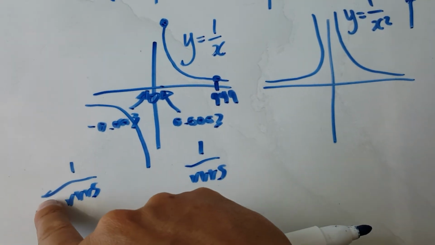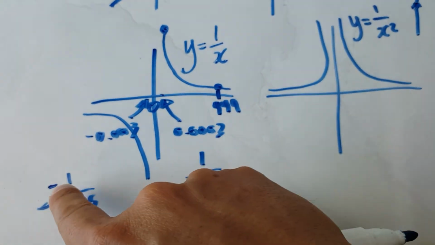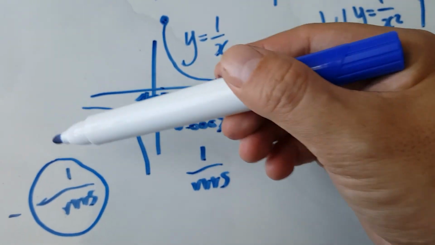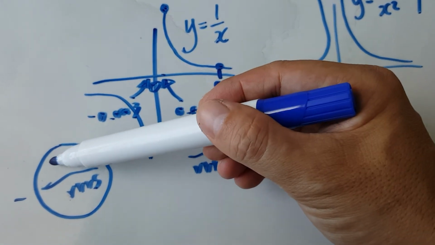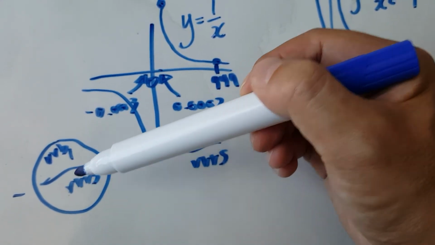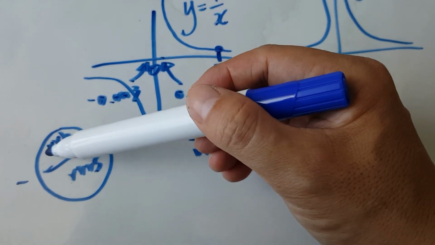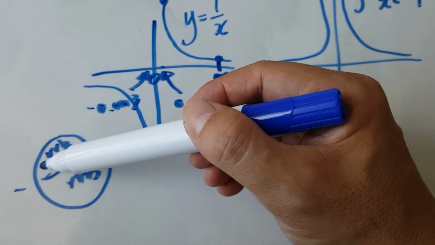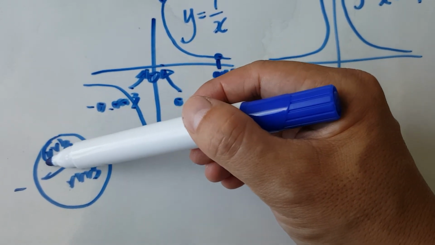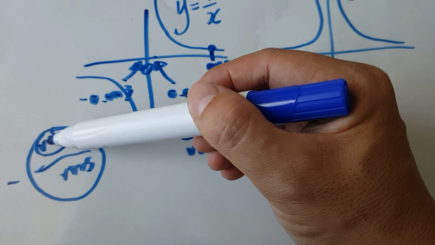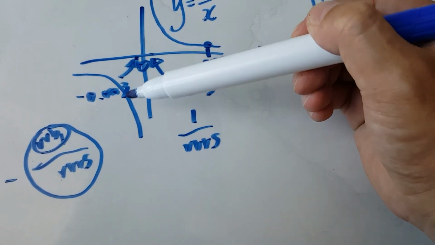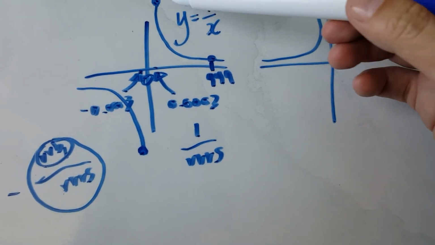So concentrate on working this out. 1 divided by very, very small would be very, very big, and it would be negative very, very big. So here, just to the left of 0, it would be negative very, very big. So it would jump all the way down to here. Well, 1 over x looks like this.